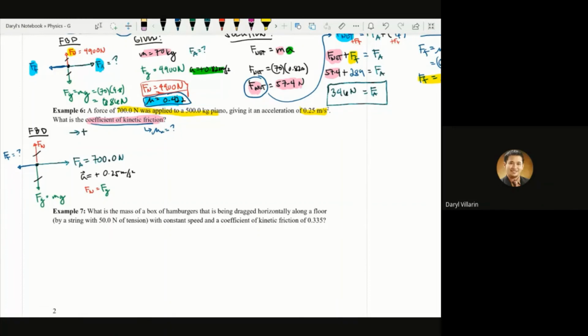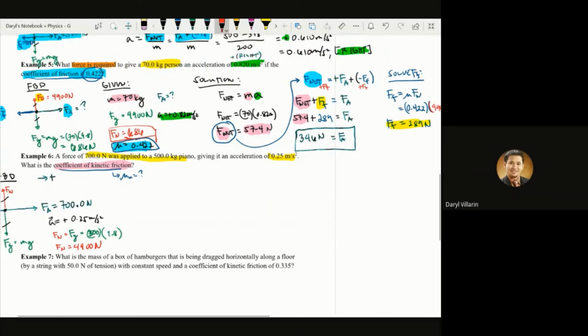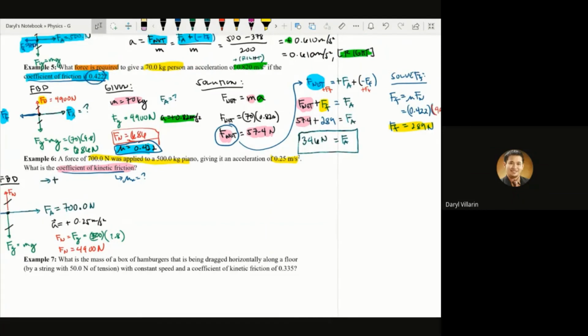In example number 6, this is 500 multiplied by 9.8. That should give you an answer of 4,900 newtons. So just calculate that in example number 5. But anyhow, let's move forward.